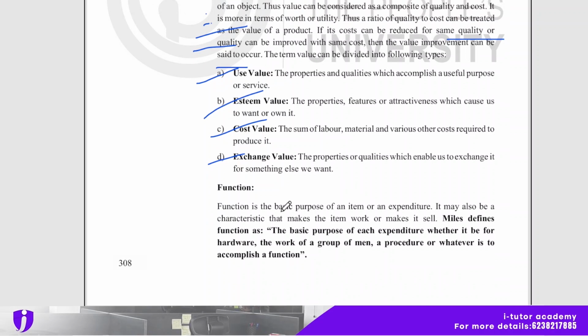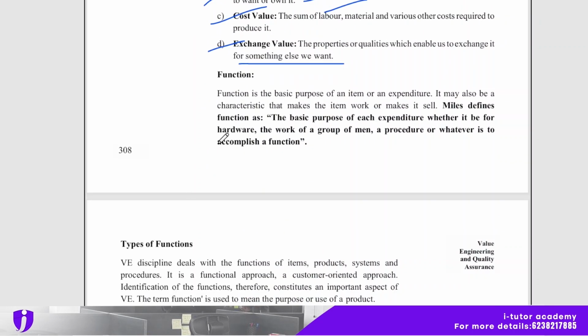Esteem value is the properties or features or attractiveness which cause us to want or own it. Cost value, the sum of labor, material, and various other costs required to produce it, and the properties or qualities which enable us to exchange it for something else we want, that is the exchange value.